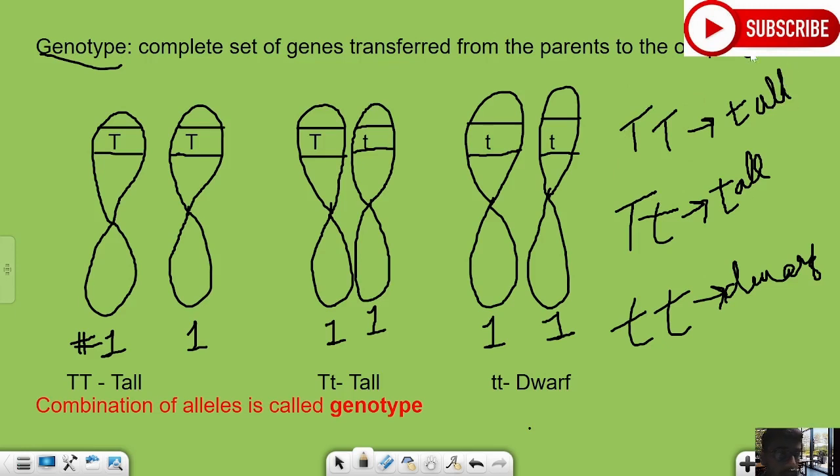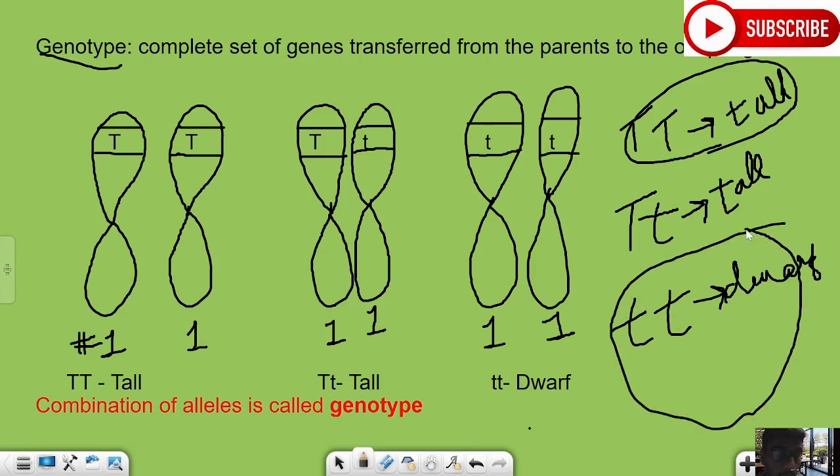Tall height is usually considered a dominant character, so it is homozygous dominant. If both T are small letters, it is homozygous recessive. And if one T is capital and the next T is small, it is heterozygous, and it will be dominant. These are the three conditions.